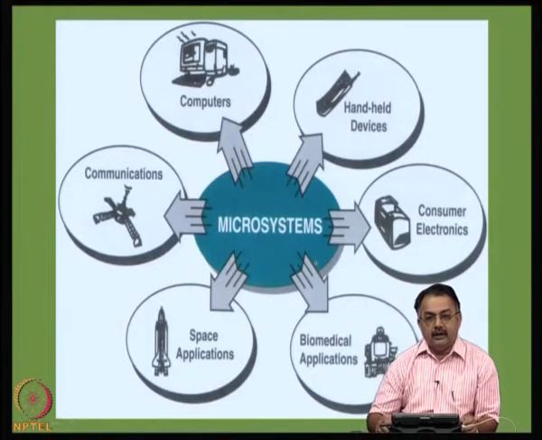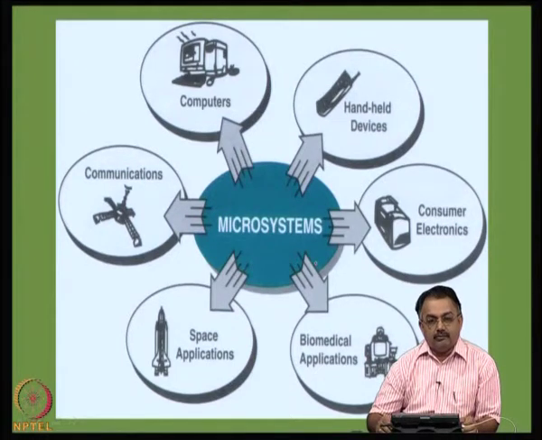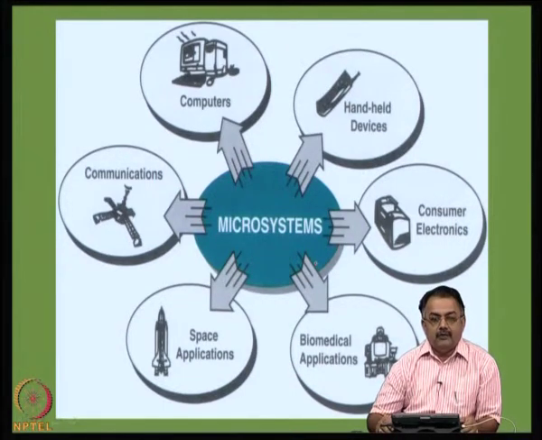Now, if you look at this slide, at the center you see microsystems. Today we are looking at nanosystems, but we will first look at what is a microsystem. And in microsystems you have various aspects.